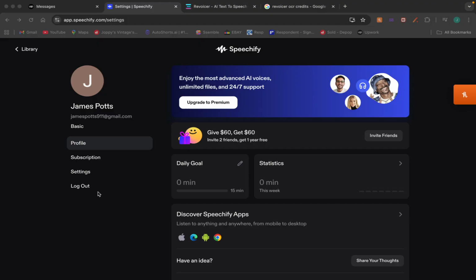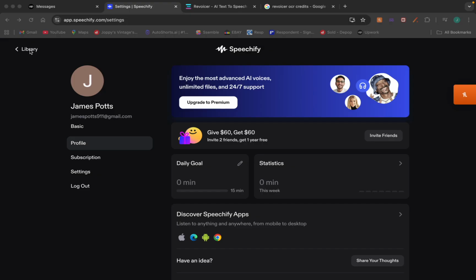I think depending on the use of the end product, there is pros and cons. I think if you have the extra budget for Revoicer, it probably is the best choice. However, Speechify, for the lower price and the lower buy-in, you do get great features that are amazing to use.